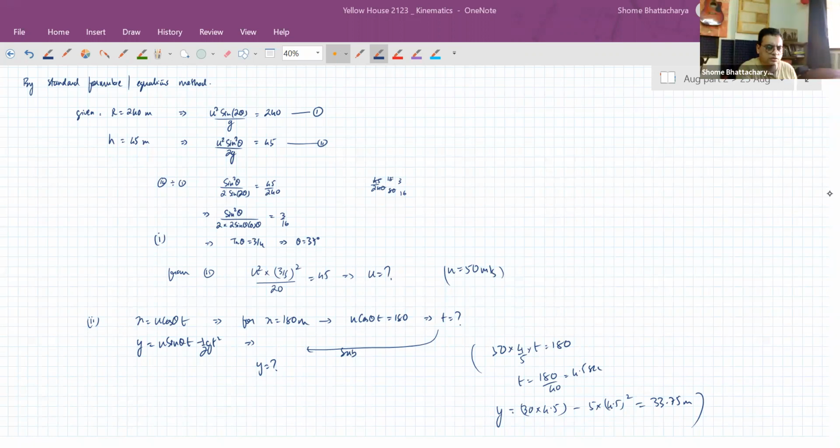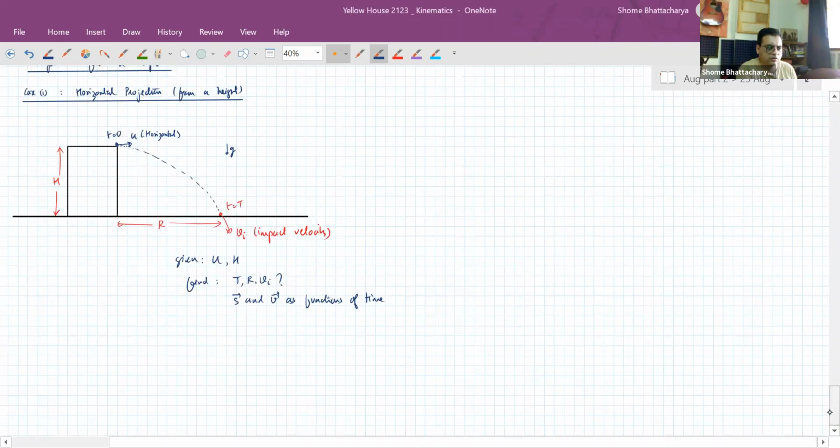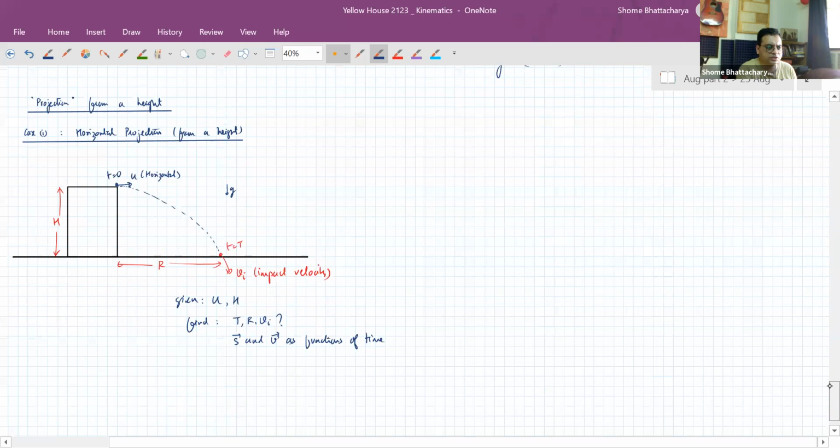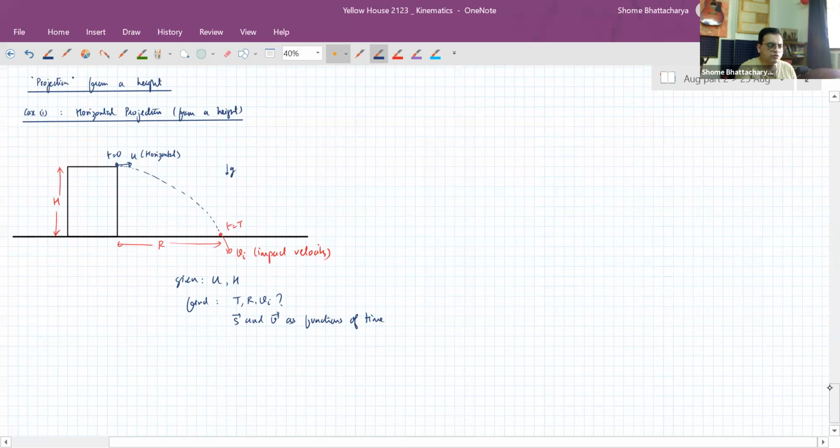Okay, so let's move back to this part. So now here, to solve this situation, horizontal projection from a heighted point, once again we'll take the origin of our reference frame at the point of projection. But this time we can take the y-axis downwards, because you can see the object is straight away going downwards. It's not first ascending and then descending.